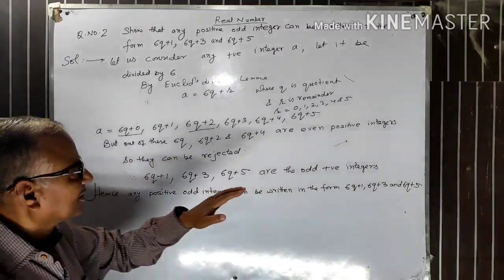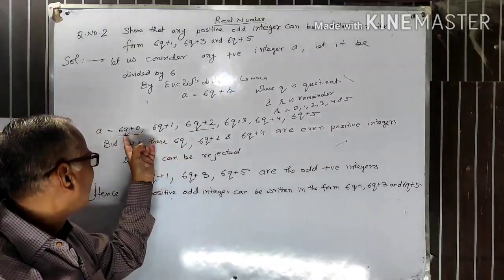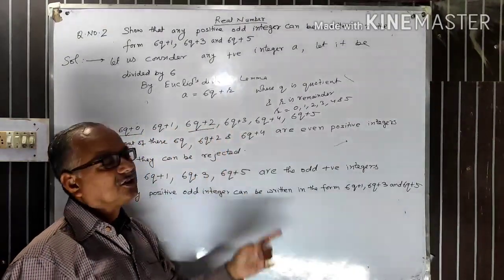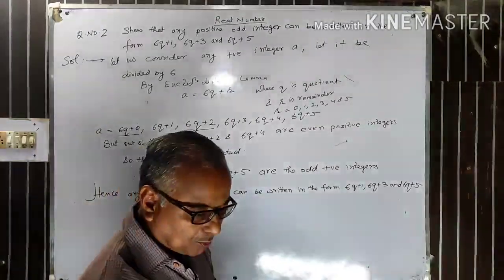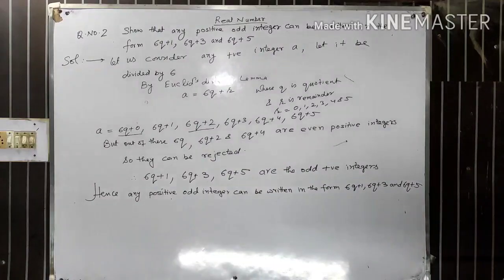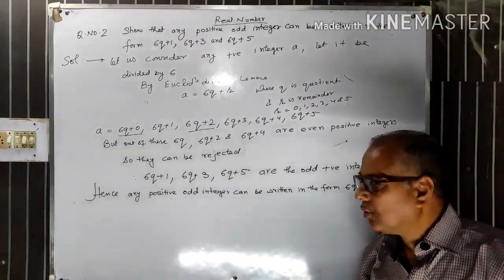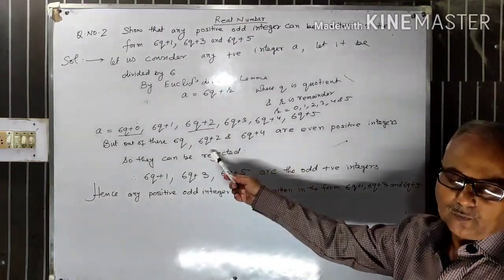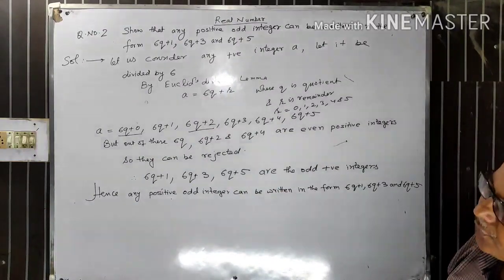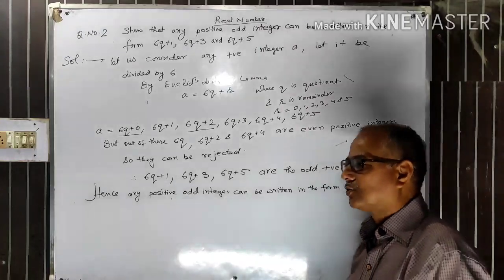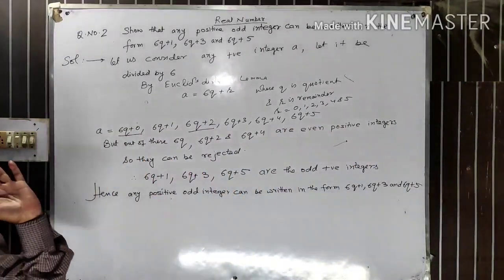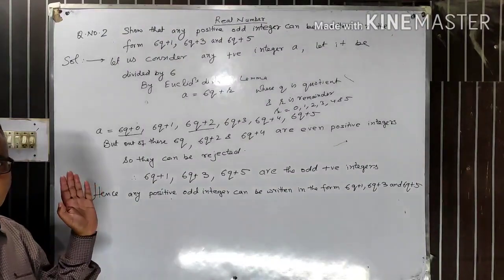But out of these numbers, 6q plus 0, 6q plus 1, 6q plus 2, 6q plus 3, 6q plus 4 and 6q plus 5, out of these 6q plus 0 means 6q, 6q plus 2 and 6q plus 4, these are even positive integers, so they can be rejected, because we are required only the odd positive integer, not even.